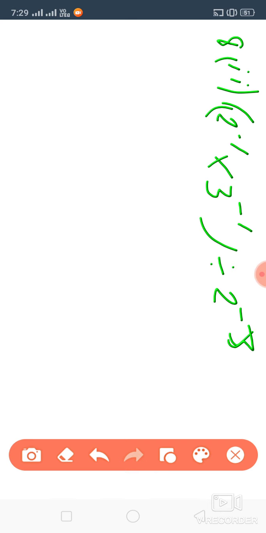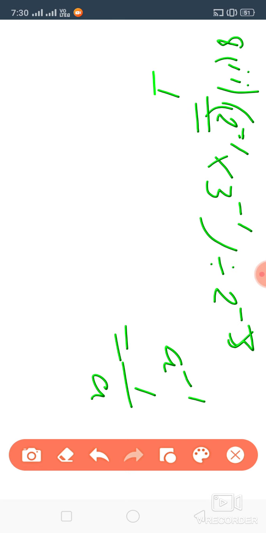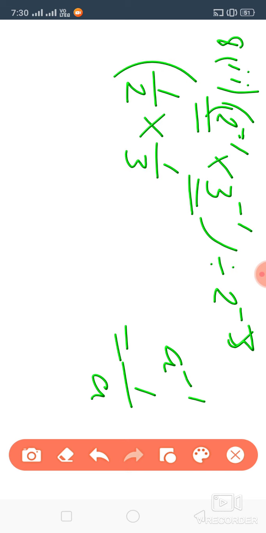Okay, now we'll try to solve this part. 2 to the power minus 1. Just now I told you, a to the power minus 1, what does it become? 1 by a. Similarly, 2 to the power minus 1 will become 1 by 2. 3 to the power minus 1 will become 1 by 3. Then divided by 2 to the power minus 3.